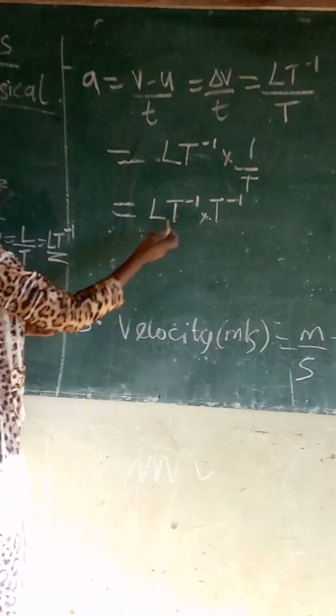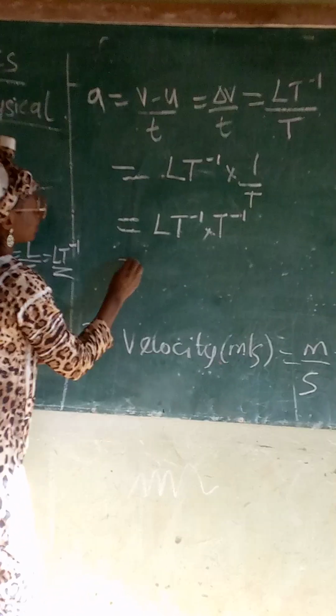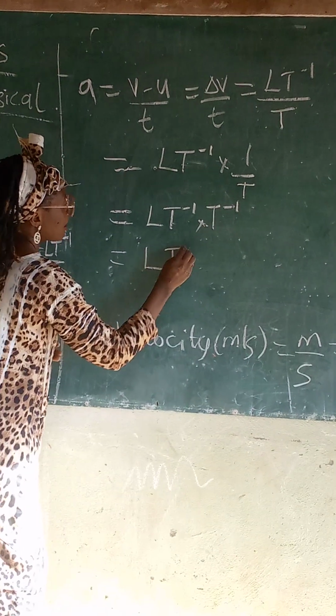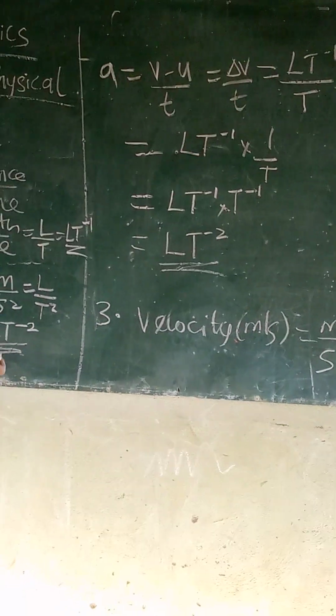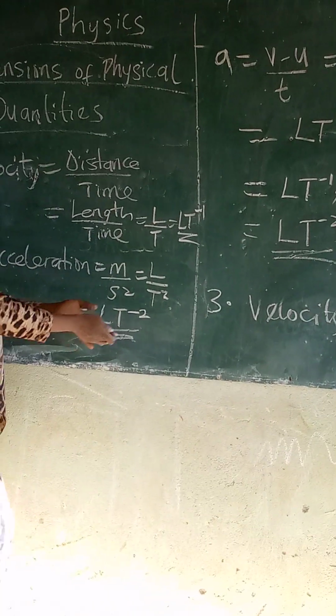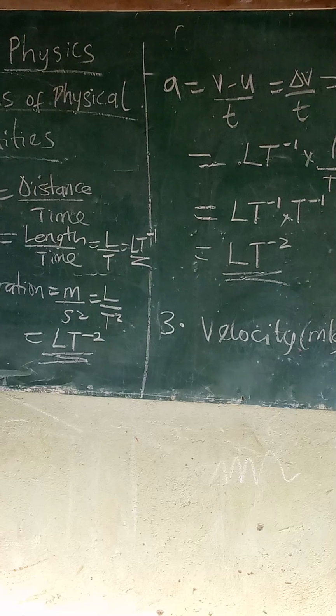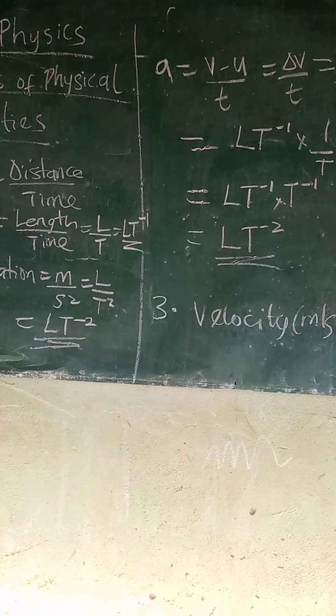By the law of indices, we add the powers, and then you have LT minus 2. LT minus 2 using the unit, and LT minus 2 using the formula method.